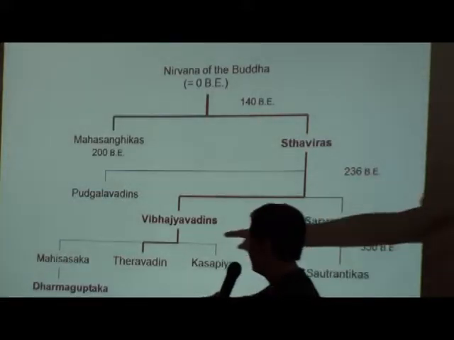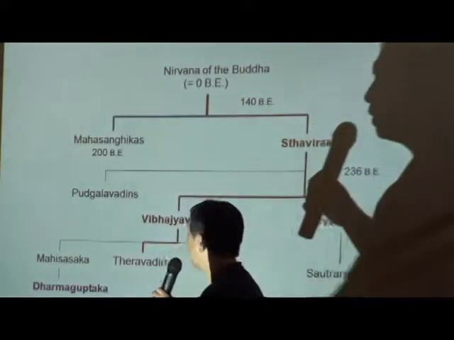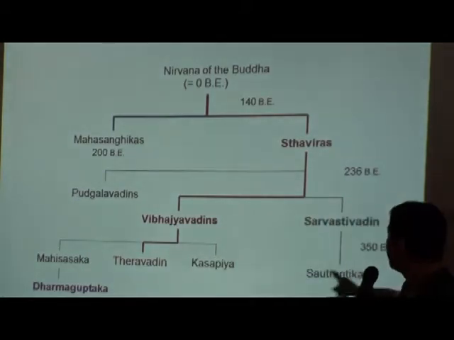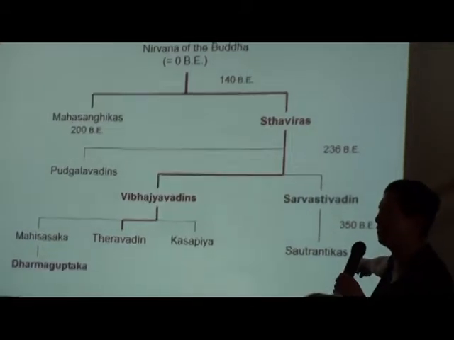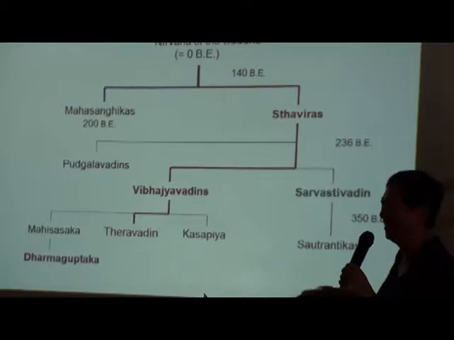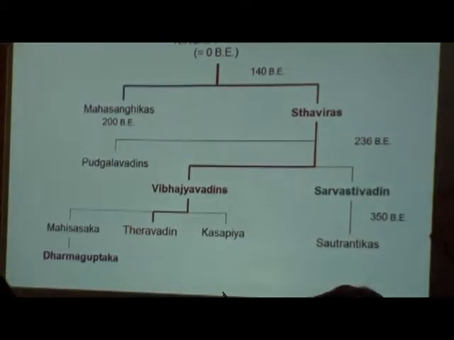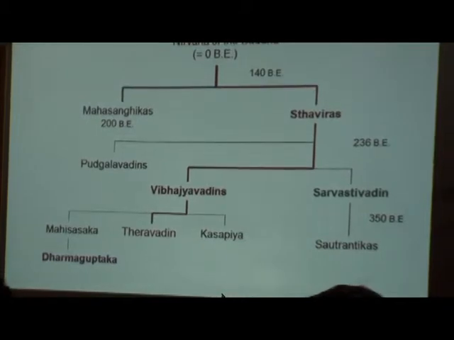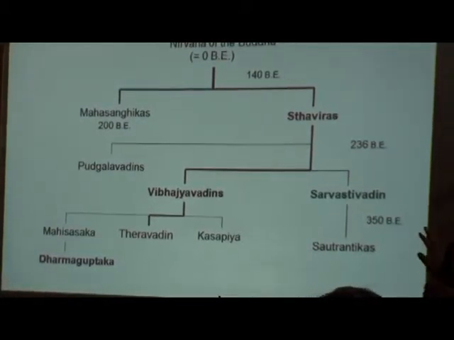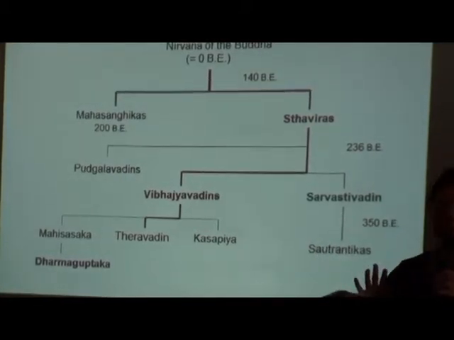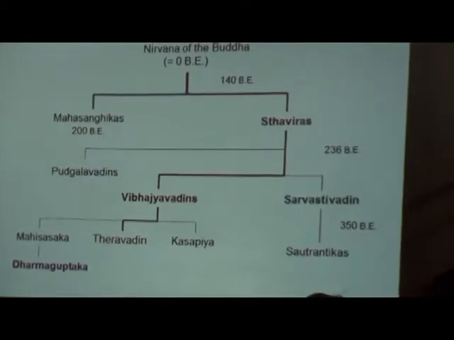Later on you see Dhammaguttaka, then Sautrantika. I think Don is very familiar with that, right? So this is how the Pali Canon, the discourses, the Vinaya, the three baskets came about at the time of the first assembly.